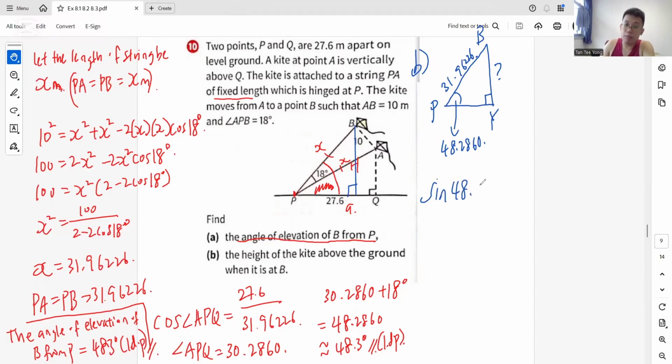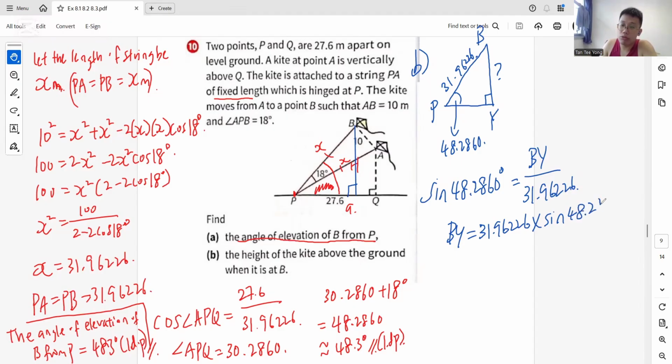So sine 48.2860 degrees equals opposite, which is our BY, the height of the kite above the ground, over hypotenuse, 31.96226. All right, so BY equals 31.96226 times sine 48.2860 degrees.